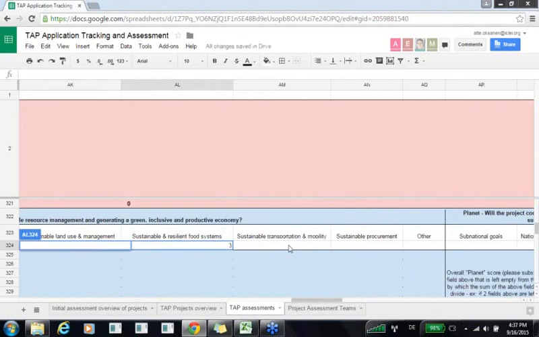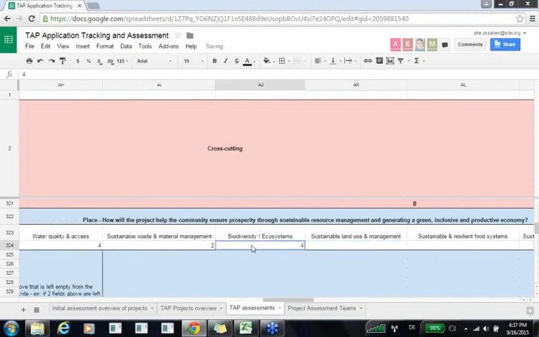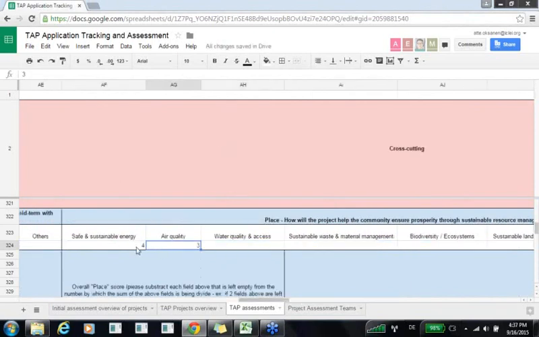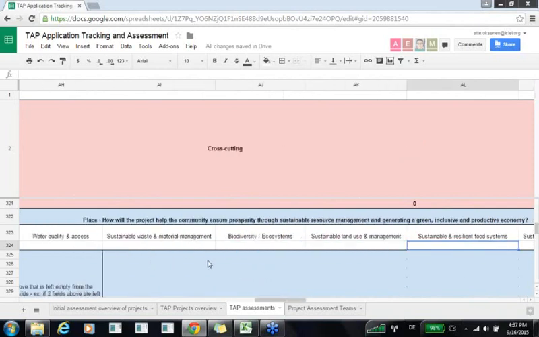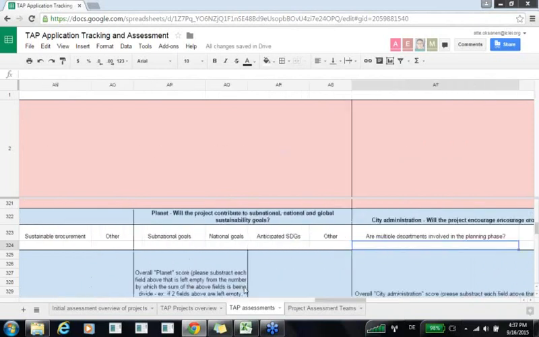All right, well, I'll just leave those numbers there for now. So we gave them pretty good numbers here in terms of the environmental impact of the project, and maybe we can give them really good numbers as well on the subnational, national, and international SDG goals.